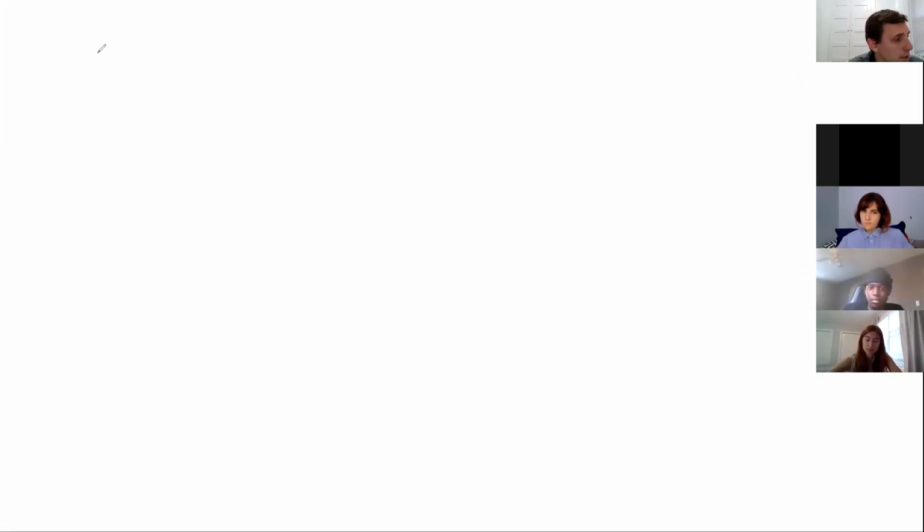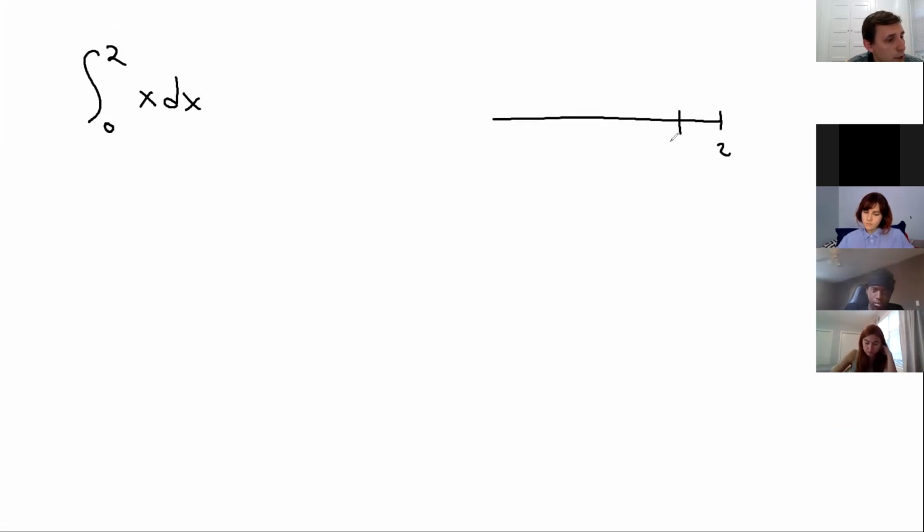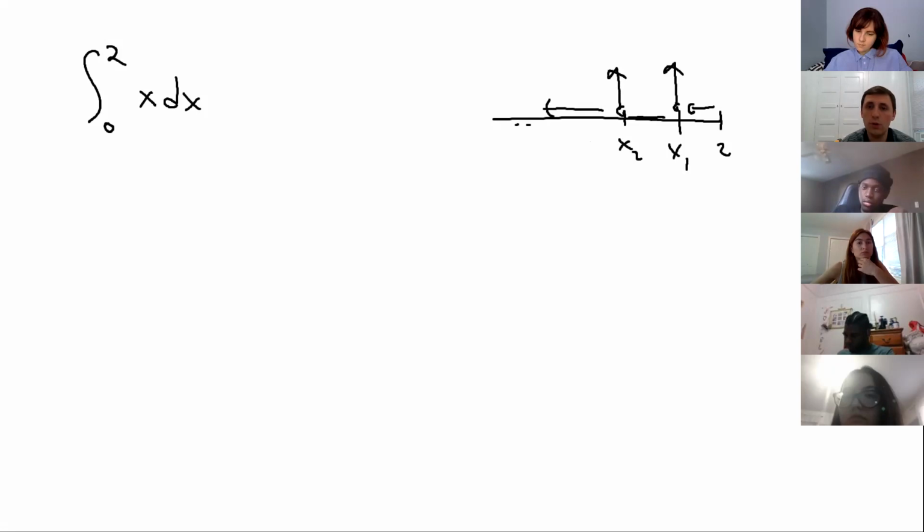I want you to construct the integral from 0 to 2 of x dx. But this time I want you to move from 2, and x1 is here, and erect altitude at x1, and x2 is here, and erect altitude of x2. You understand, like this. I want you to begin locomoting from the point 2 to the point 0. And I want you to give me a formula for the xk and the formula for the Riemann sum, please.